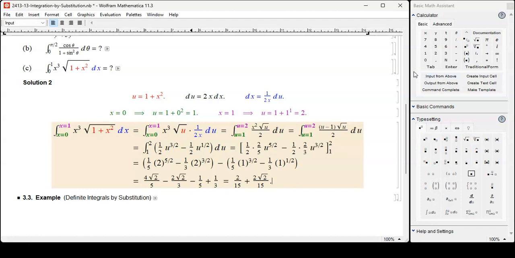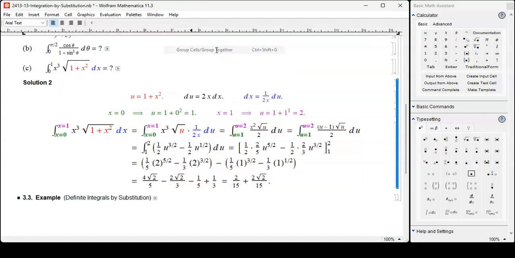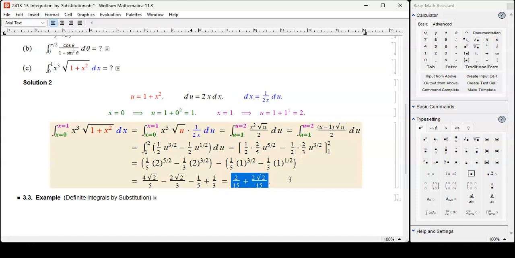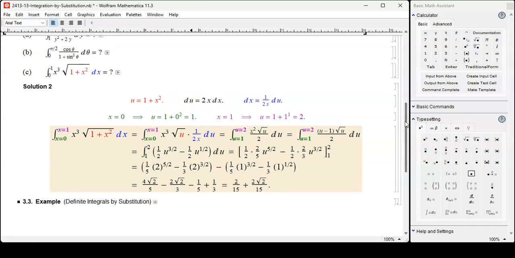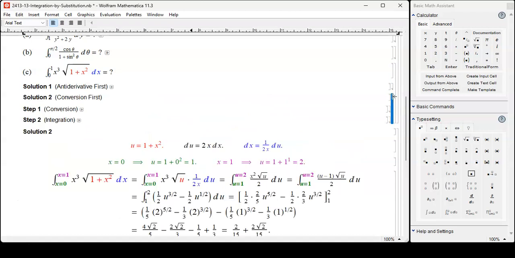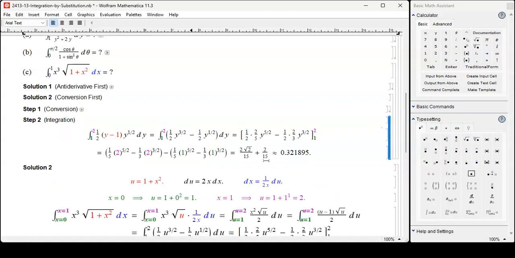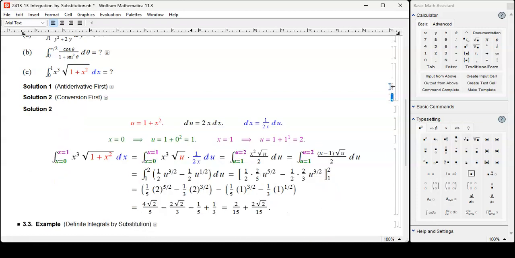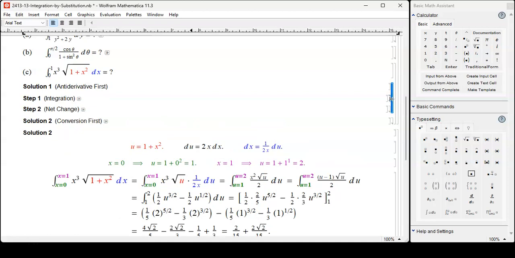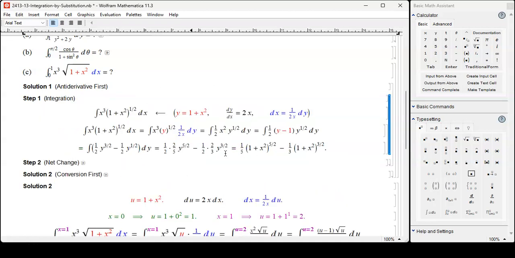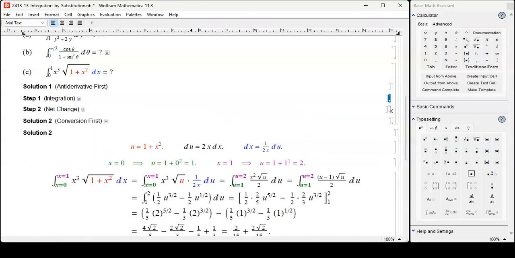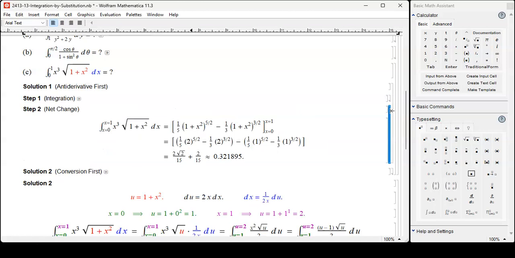And as for all those computations, now that I'm looking at the final answer by Mathematica, I'm convinced that I did it right. But still, let's check that with the answer key here. What did I do? Yeah, that's right, correct computation. And then if you use method number 1, you can use this integration technique, the very same thing that we did in section 2, and then the net change.